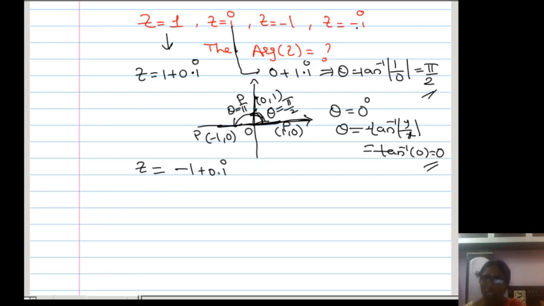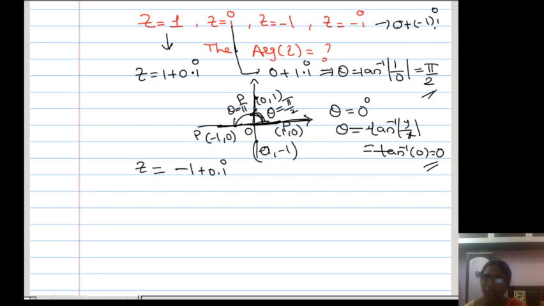What about z equal to minus i? Minus i means what here? It is the point (0, minus 1), because you can write this as 0 plus minus 1 into i.